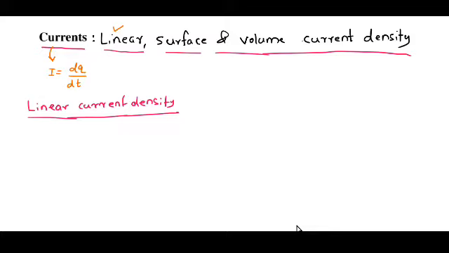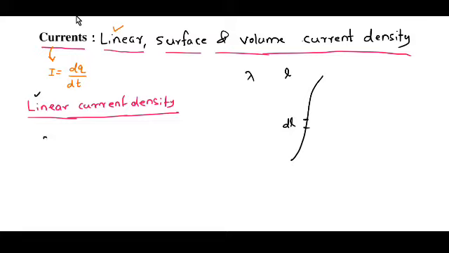Here, first we talk about the linear current density. For this, we can consider a conductor having the total length L and its small length is dl. Consider a small segment of the length of this wire.